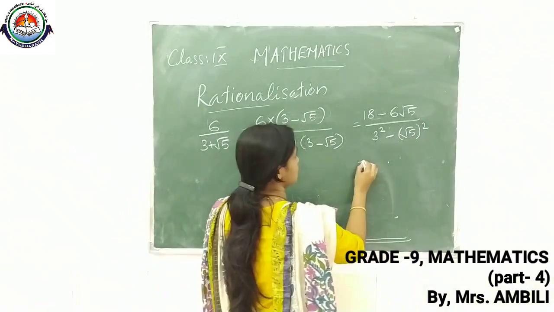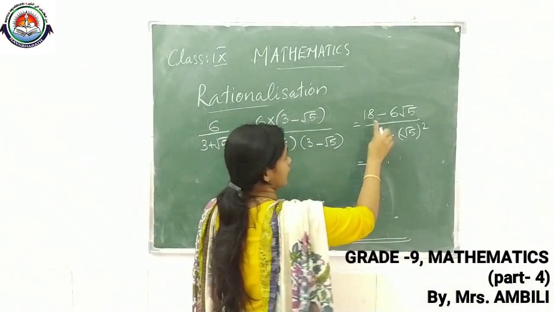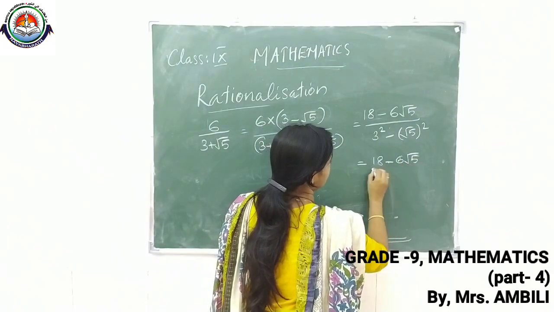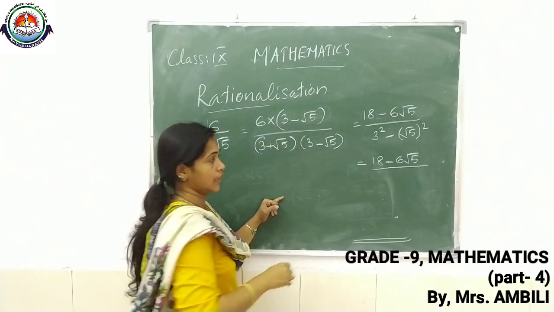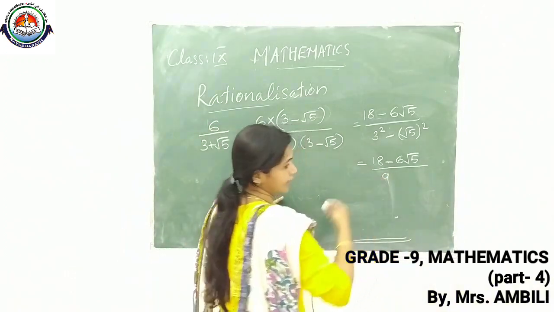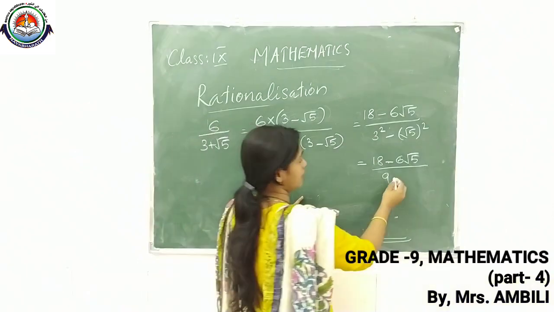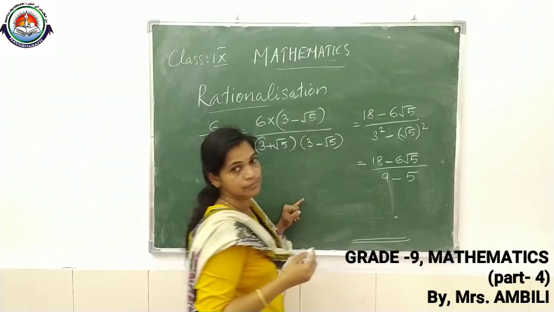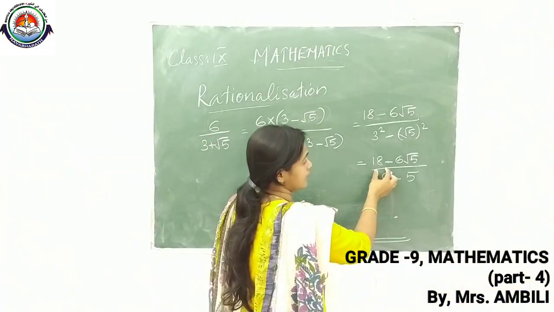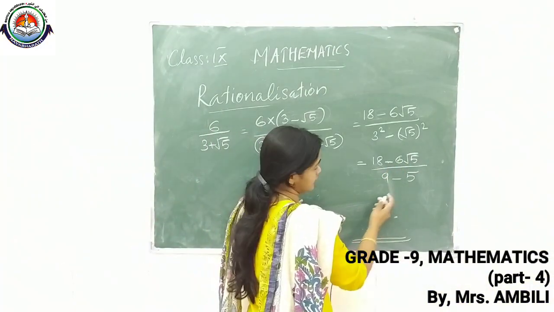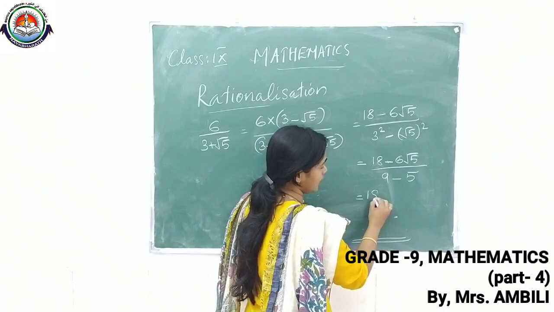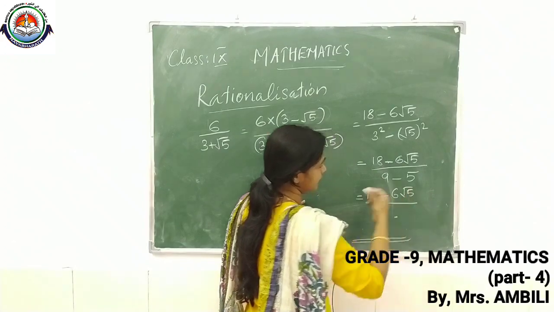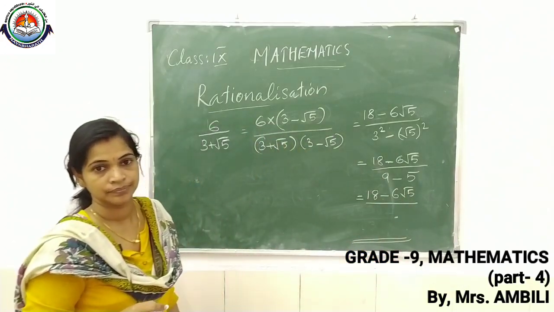Okay, that is equal to 18 minus 6 root 5 divided by 3 square, 9, minus root 5 square, 5, 9 minus 5. So what we got? 18 minus 6 root 5 by 9 minus 5. How much?